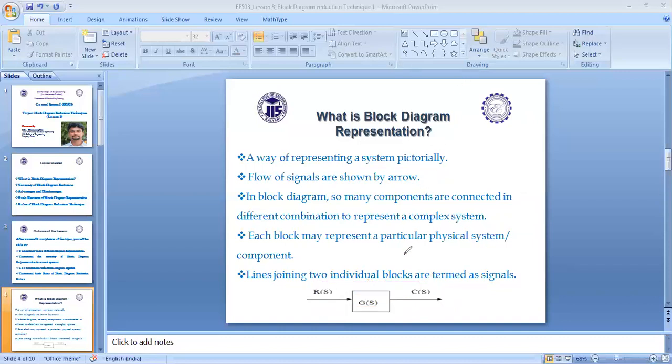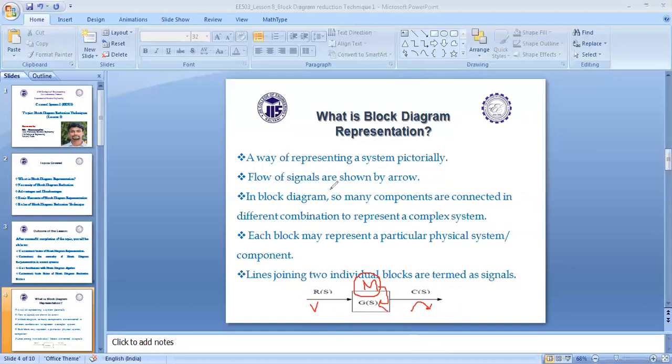Now, if it is considered as a motor, then it should have a voltage input and it will produce angular rotation. Now, for which voltage, what speed will be obtained, that depends on the motor rating. So depending on the motor transfer function, the input output relationship can be obtained.